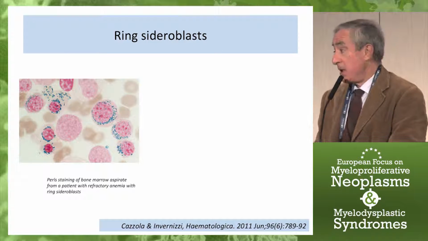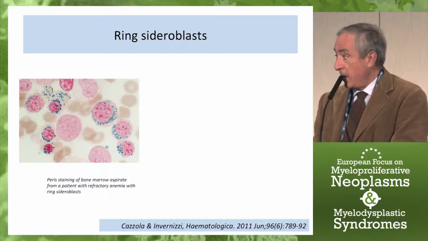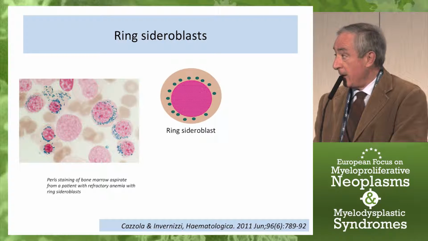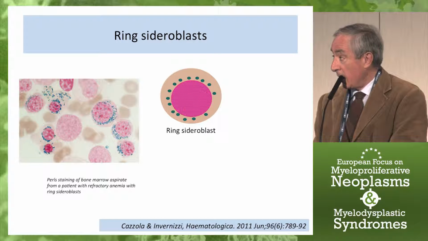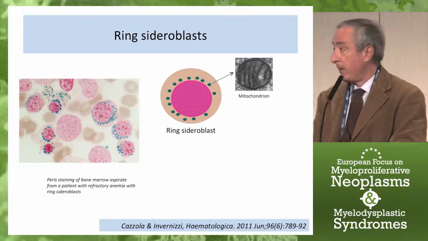This is a bone marrow aspirate after Perls staining showing several ring sideroblasts. And these are immature red cells with Perls-positive granules surrounding the nucleus, and we know that these granules are iron-loaded mitochondria.